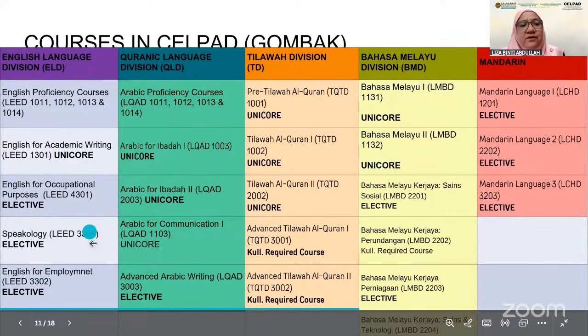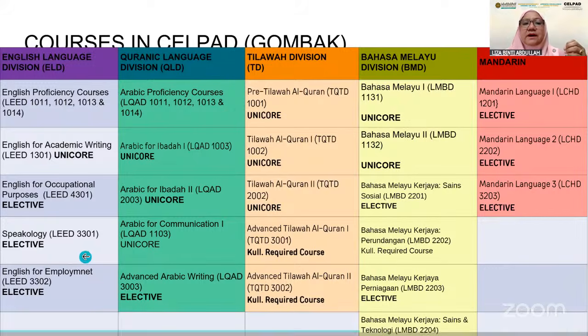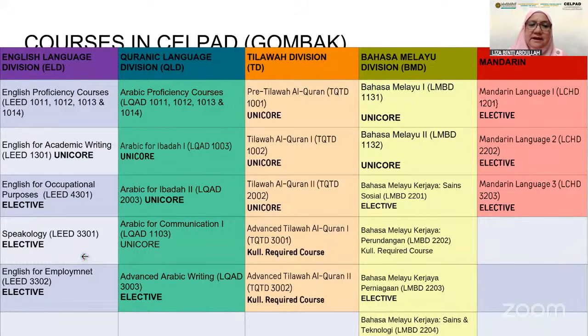You can take these later, depending on your study plan from the kuliah. Our advice is for you to follow your study plan well, and if you're not sure what to take, you have to come to our office.